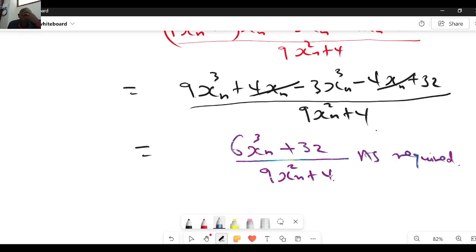That's how we get the first part of the equation.